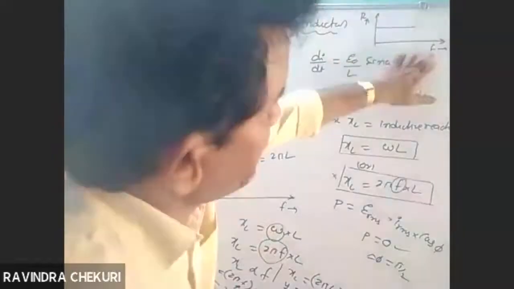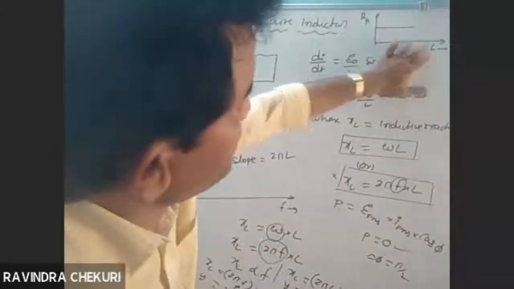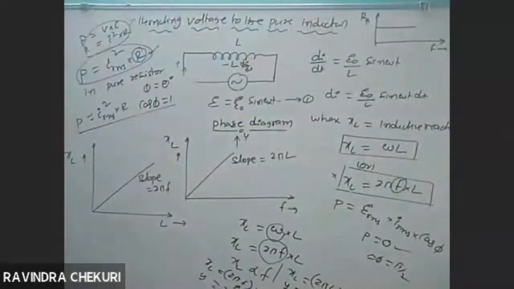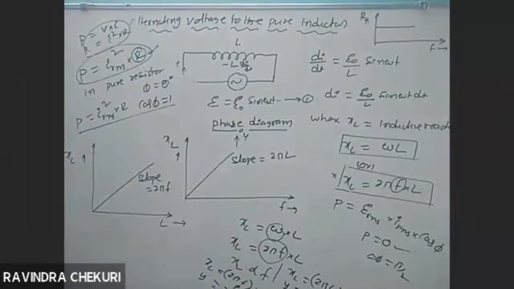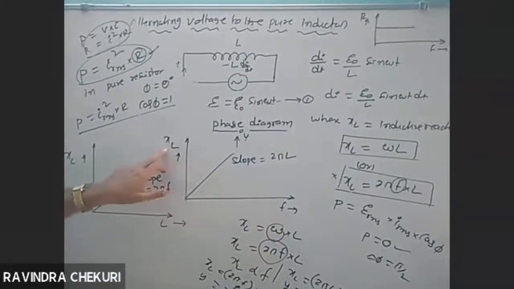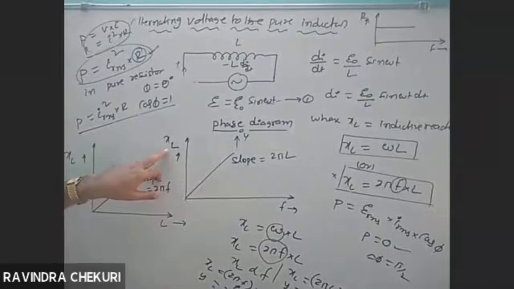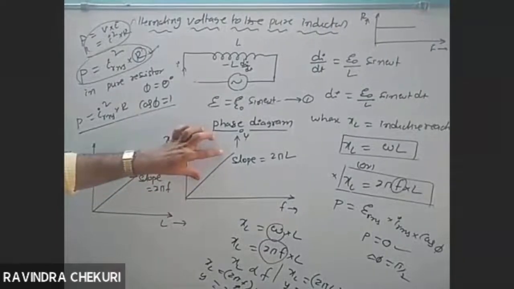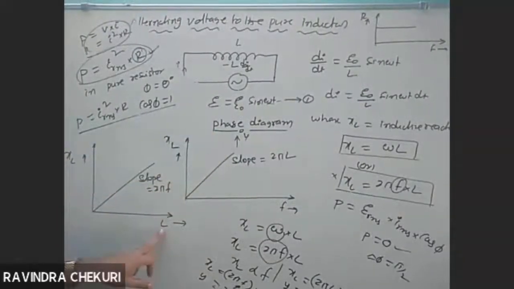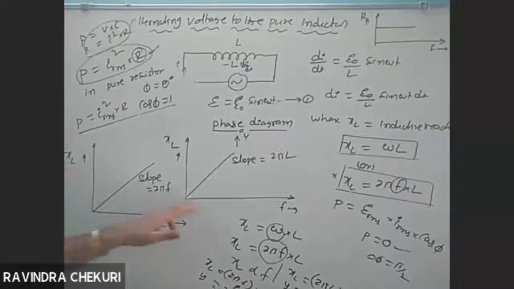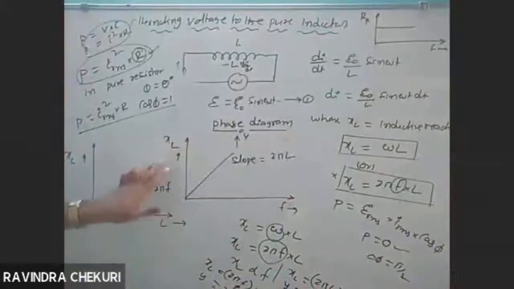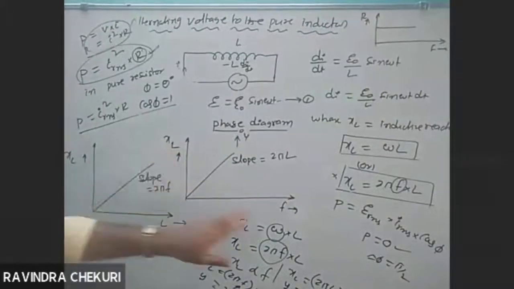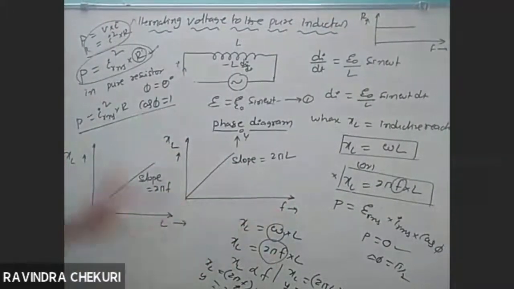When frequency increases, what about resistance? It does not change. Inductive reactance increases proportionally with frequency or with inductance. It is independent of resistance and depends on the frequency and the inductance.